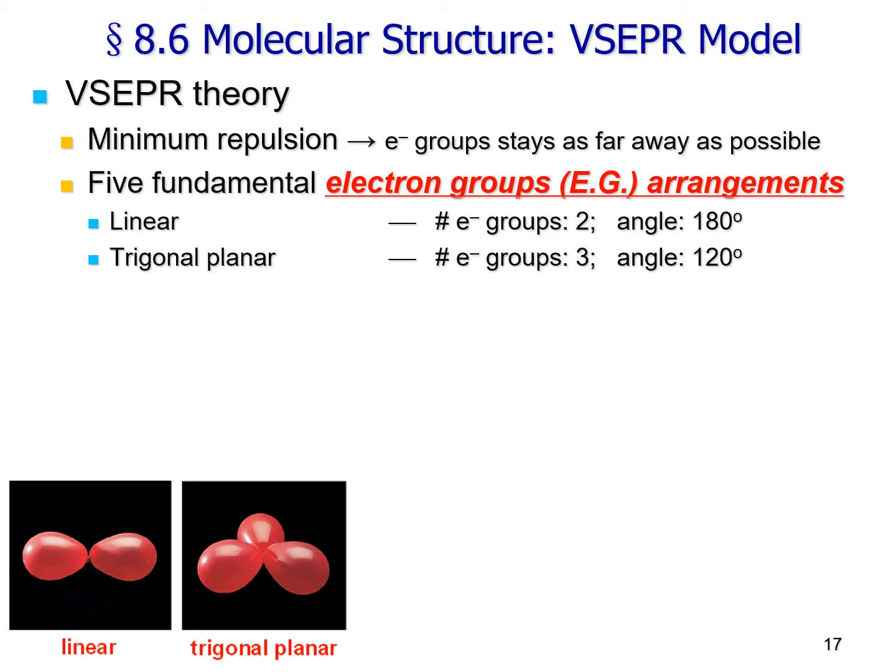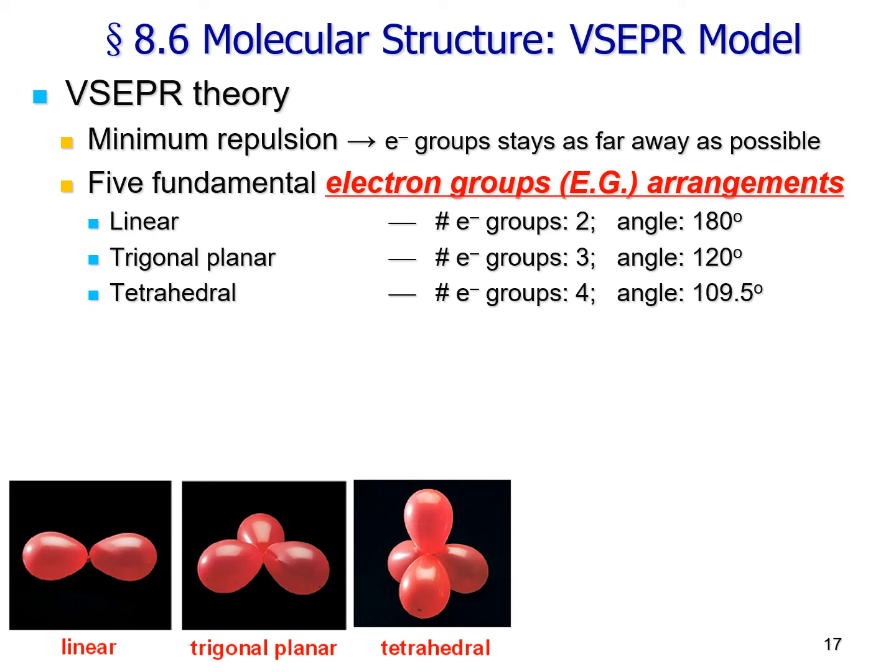So from top down, a 4th electron group on top will push these 3 downwards. That makes a new geometry we call tetrahedral for 4 electron groups. The bond angle, or the angle between the electron groups, is going to be 109.5 degrees.